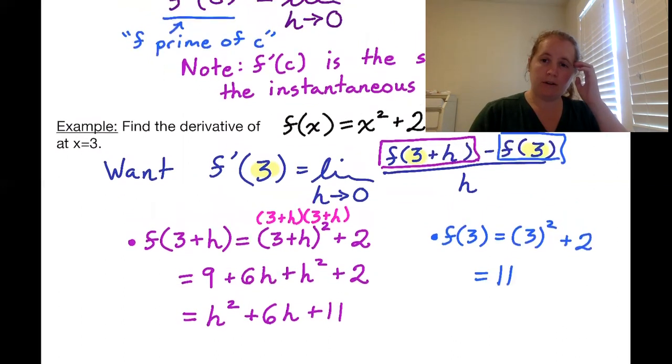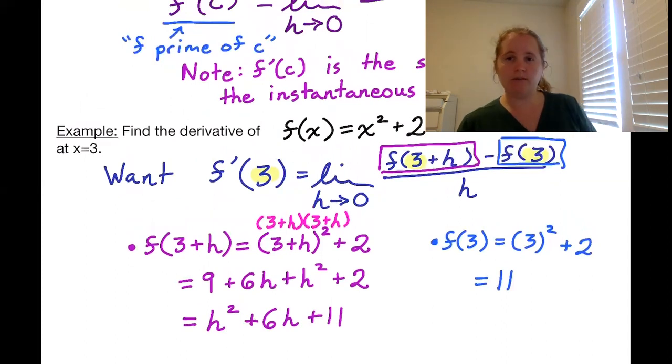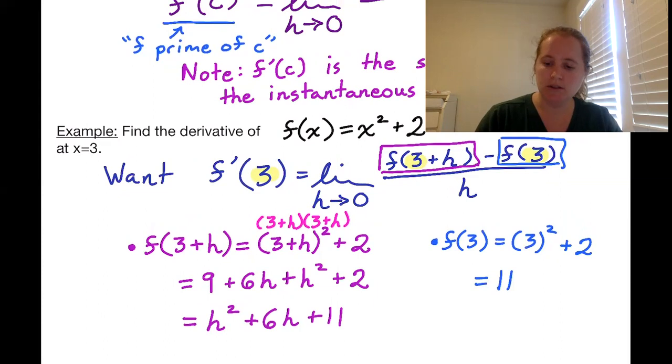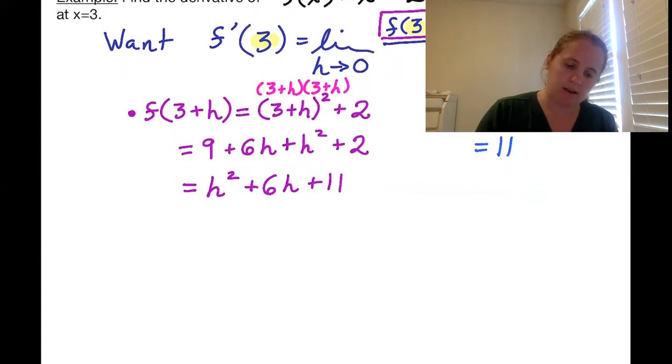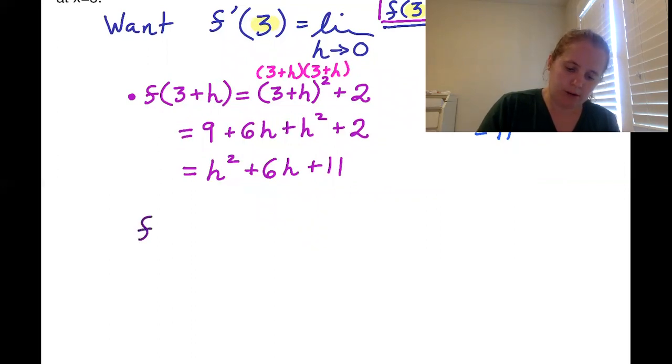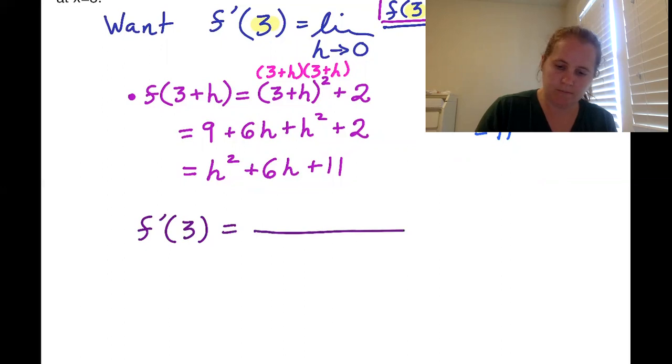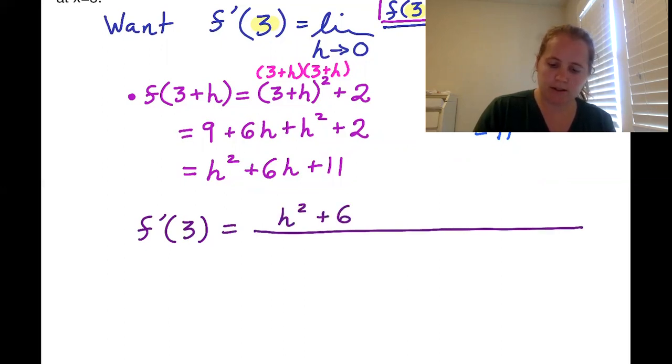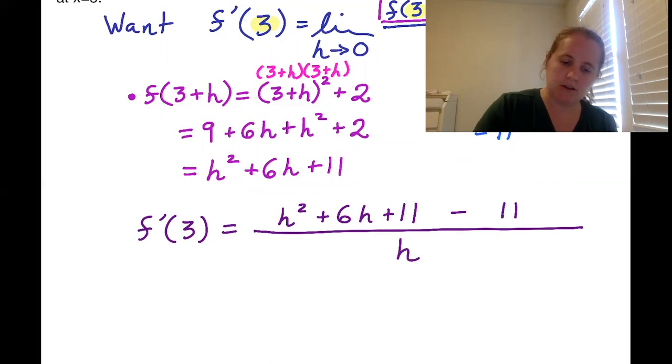So now we are going to plug in those simplified versions into our original difference quotient. And we get f prime of 3 is equal to h squared plus 6h plus 11 minus 11 all over h.